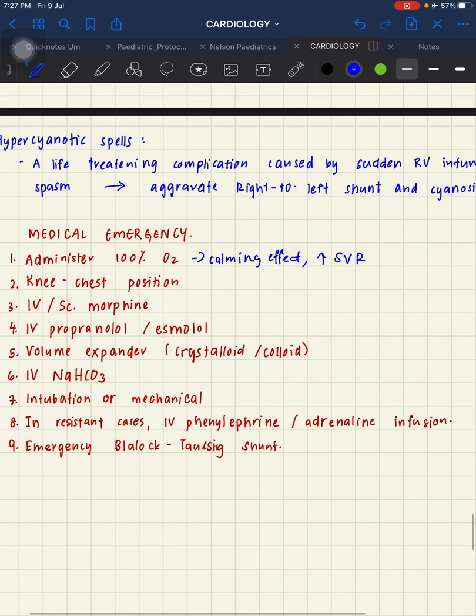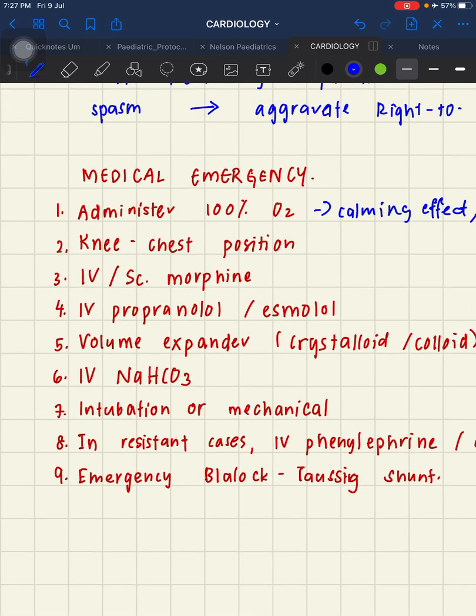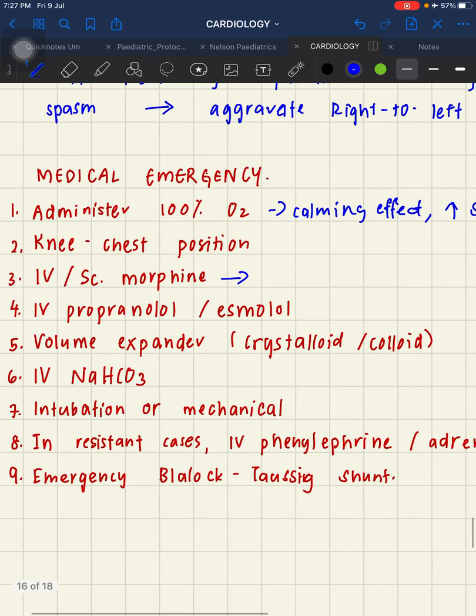When the systemic vascular resistance increases, it reduces the spasm. Then give the patient IV or subcutaneous morphine because it reduces the distress.